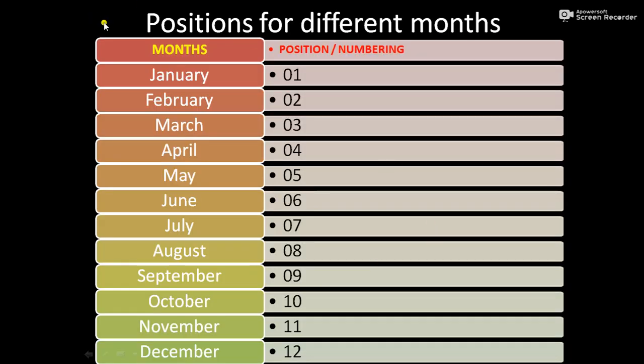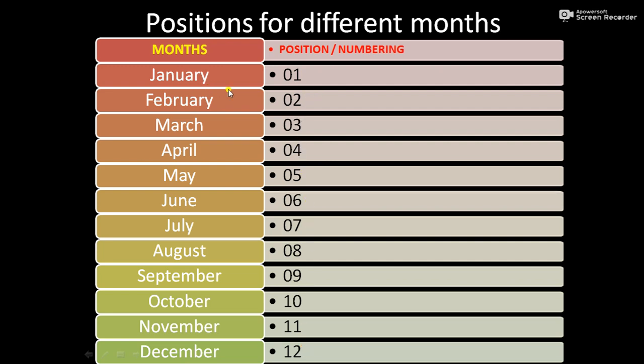Dear students, before coming to know about different formats of a date, I would like to tell you about the positions for different months. Here you see this column, we have the names of the months, and in this column we have the positions for them.